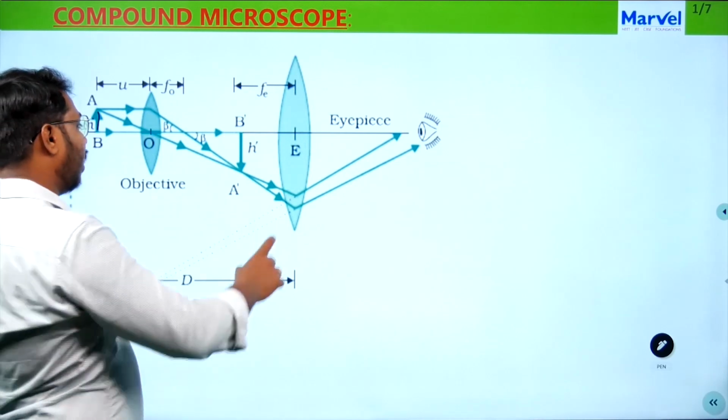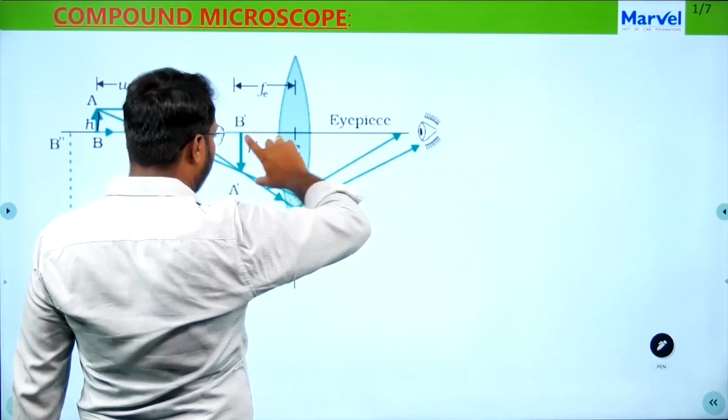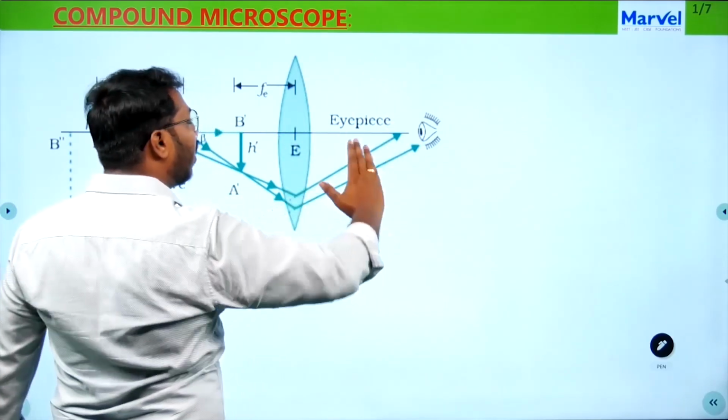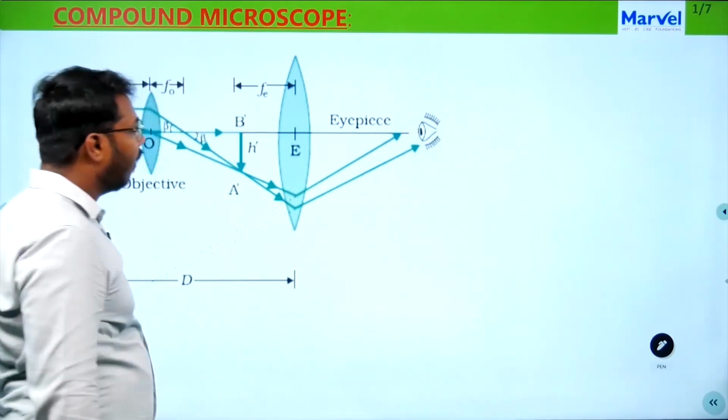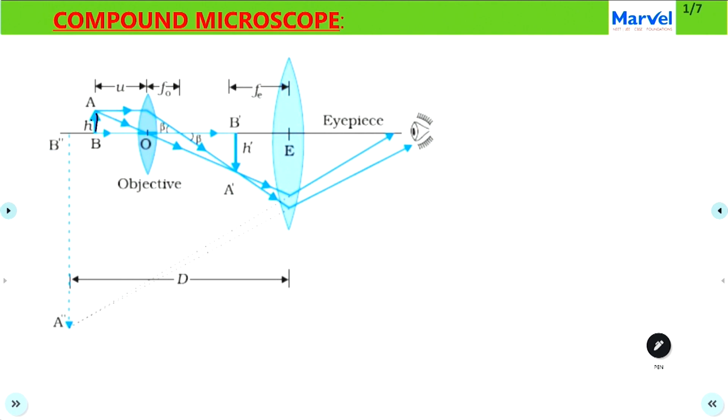And this image will again be erected when you view it through the eyes. This is the whole thing that is going to happen, and if you observe very closely, I said that my image is going to form at infinity, but that image will be very enlarged or very magnified.